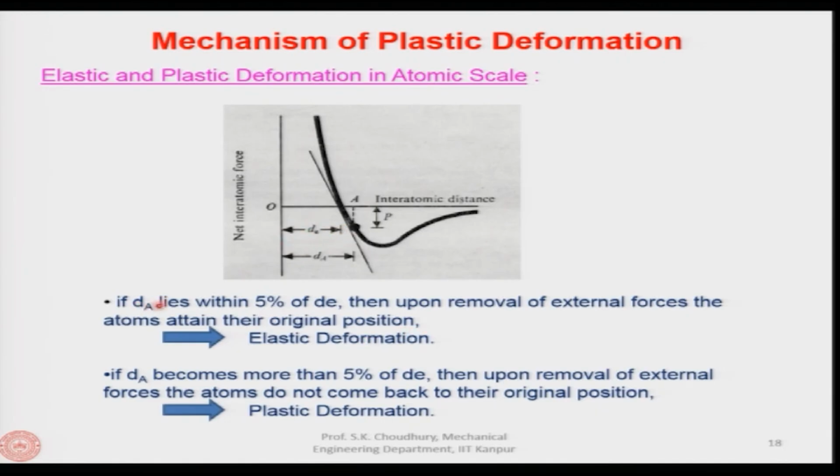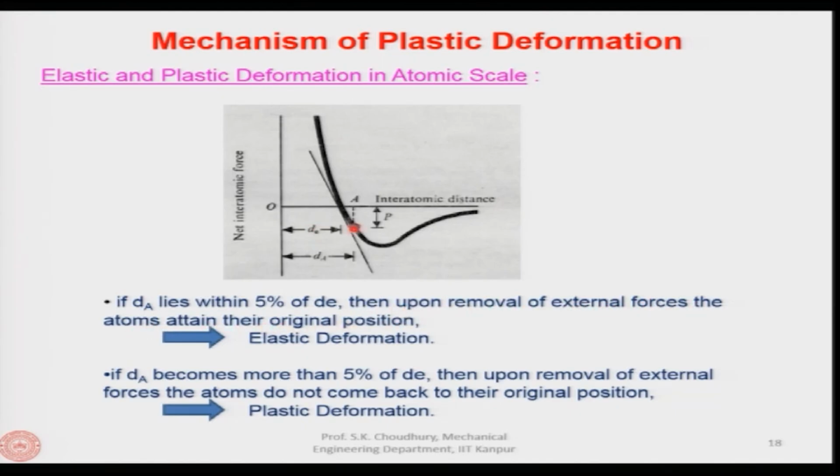Once again, if dA, this distance after the atom is moved from the equilibrium position here, where the curve is intersecting the axis, when the atom is moved from this position to this position and the distance becomes dA, if dA lies within 5% of the dE, then upon removal of external forces, the atoms attain their original position.